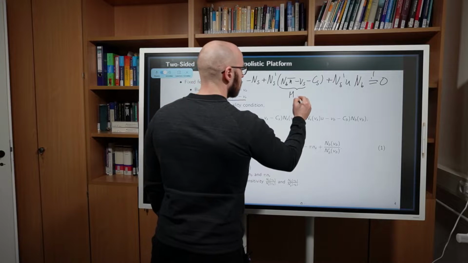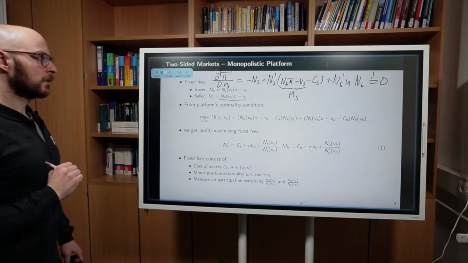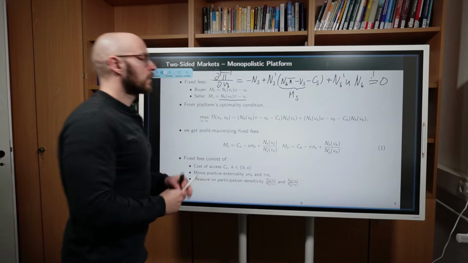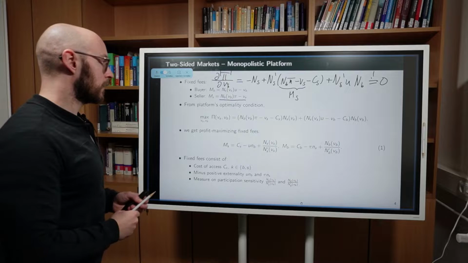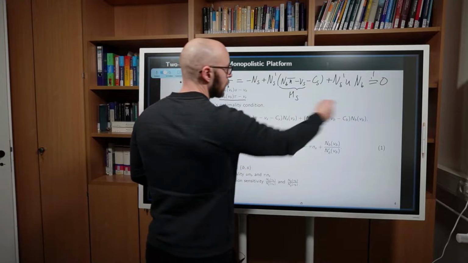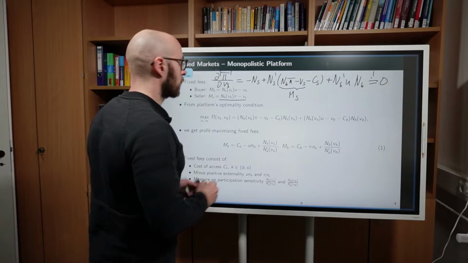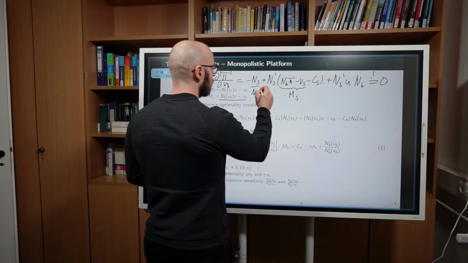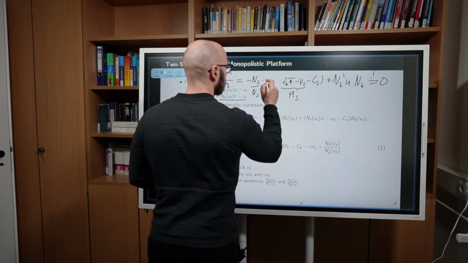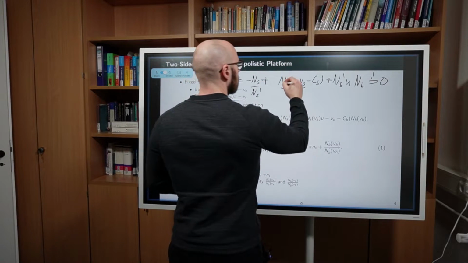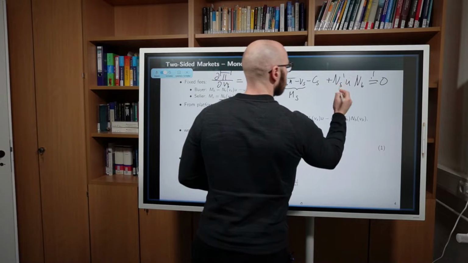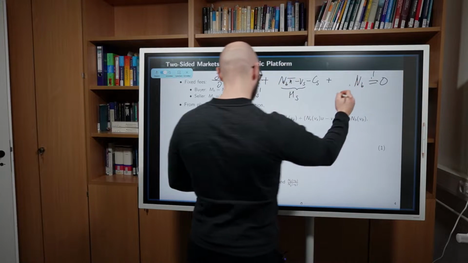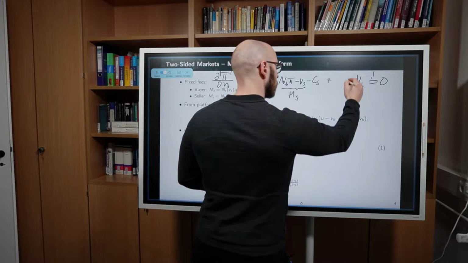So this is exactly equal to MS. Now we have this equation, we have MS here, so all we have to do is rearrange this one with respect to MS. What we do to get there is to just divide everything by NS prime, noting that this is not 0. Then we get to here, and this cancels out. It's quite elegant. Sorry, what was it? I think it was a u.